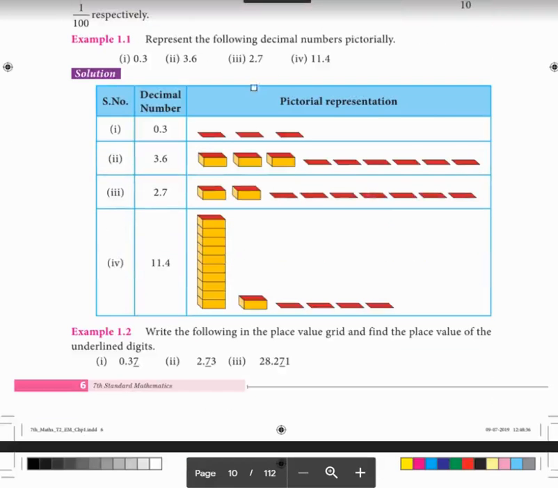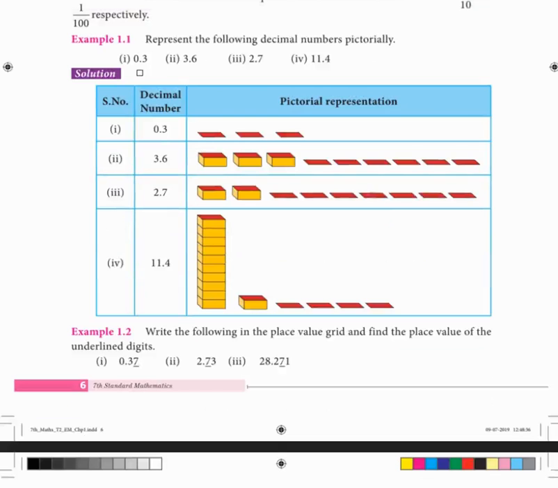See here. Represent the following decimal numbers pictorially. First, I'll go with 0.3. Here, the whole number is 0. There is no whole number. 0.3, that I am going to mention like this, a flat box, right. Next, I'll go with 3.6. Here I have a whole number 3, 3 full boxes. 0.6, 6 boxes are here.